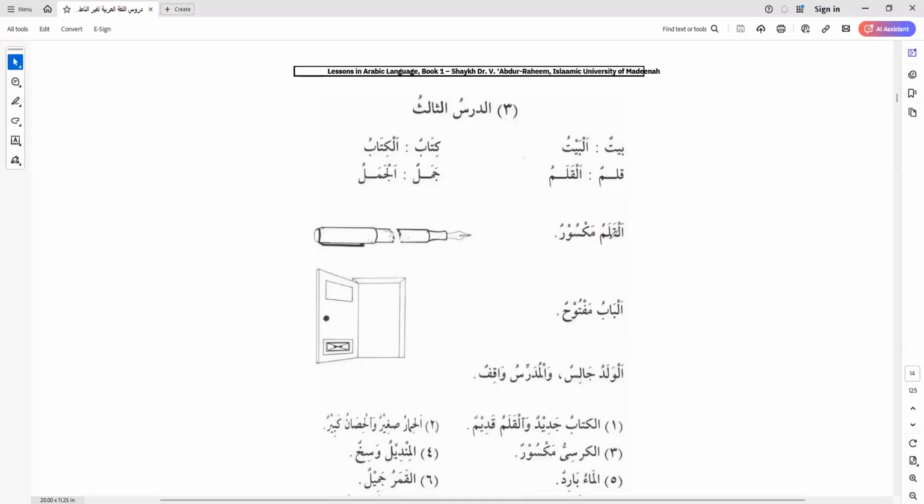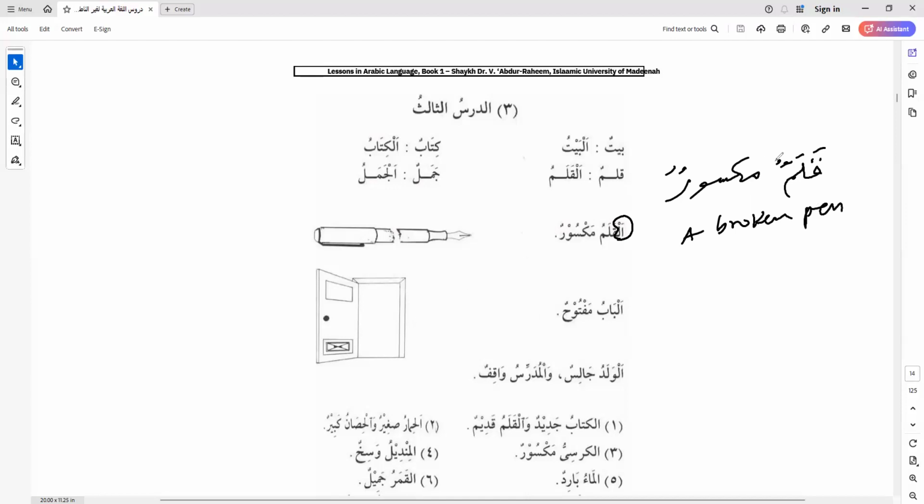Now, look at this sentence. How do you know it's the pen is broken? It's because of this alif lam here. If you write qalamun maqsurun, here it means a broken pen.